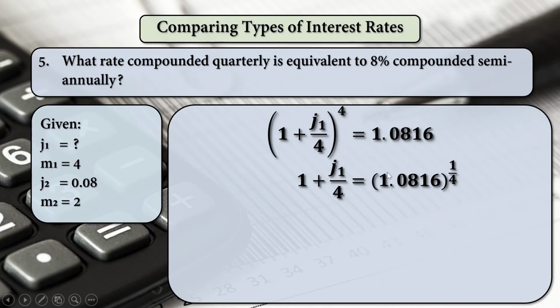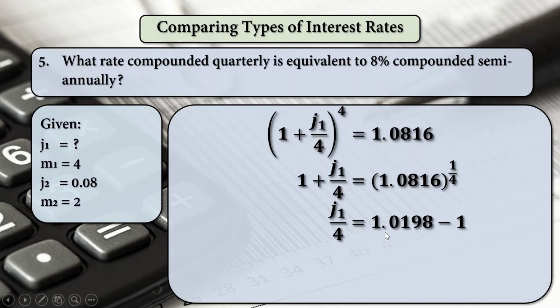And then that results to 1.0198, and then transferring also 1 from left to right, so that is negative 1. So 1.0198 is the result of 1.0816 raised to the exponent of 1/4 or 0.25.